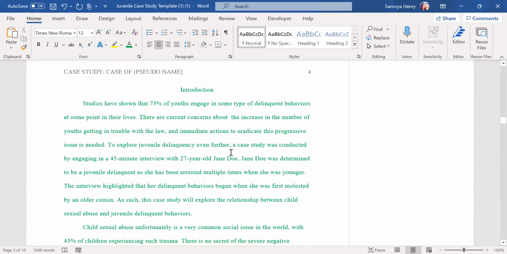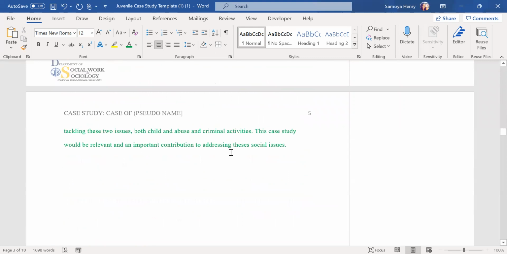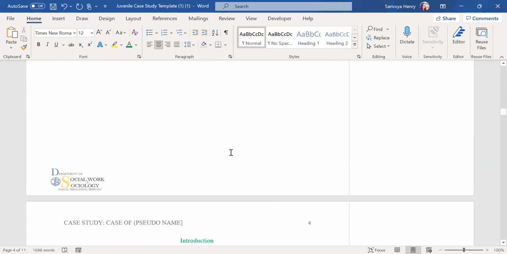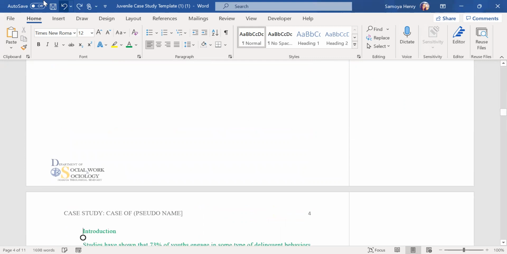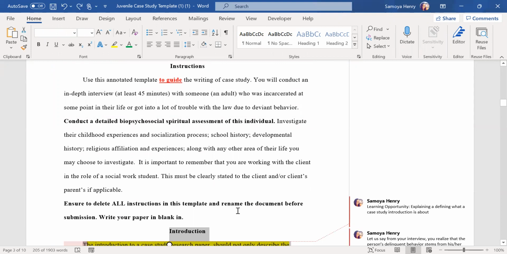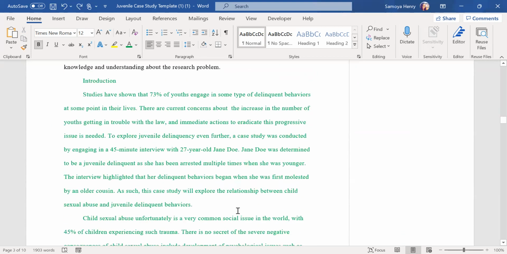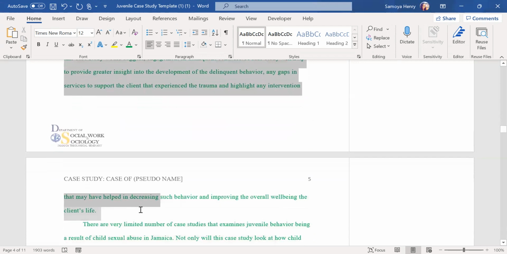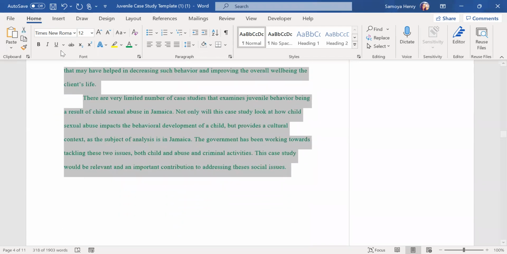So look at that, a page and two sentences as your introduction, with all the instructions there. So not difficult at all. I'm going to keep this example here. I want you guys to know I do not want to see this in your papers. This is just to be used as an example.